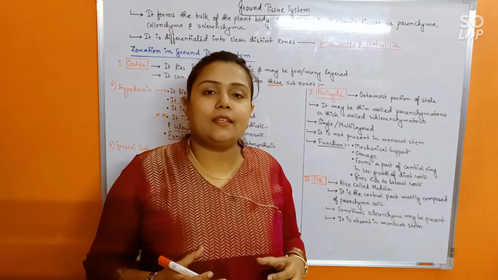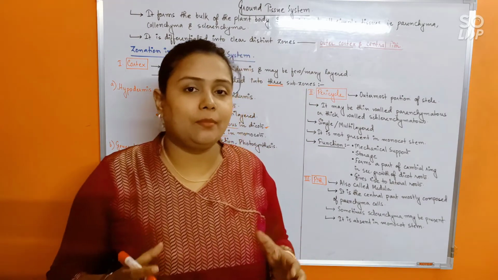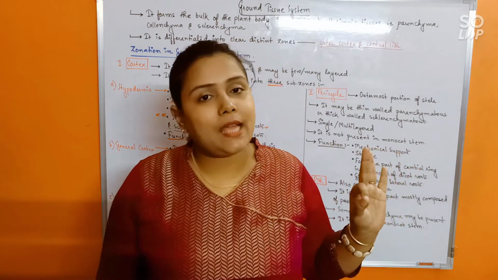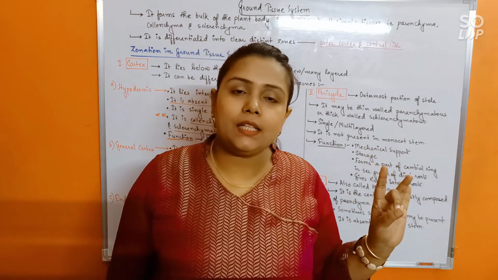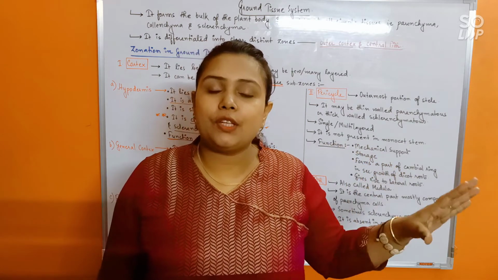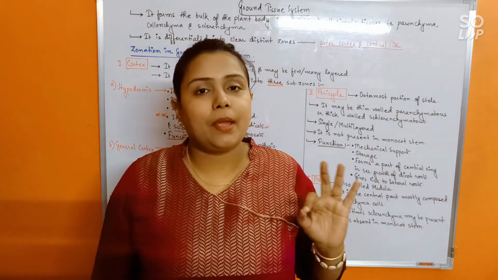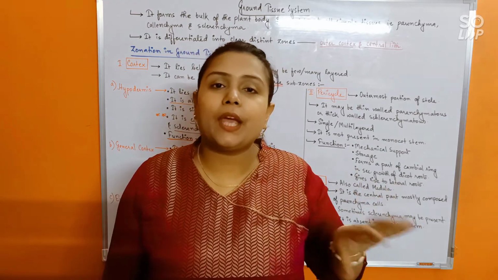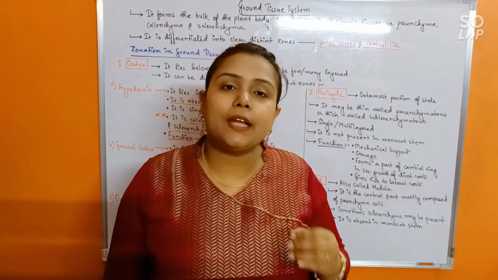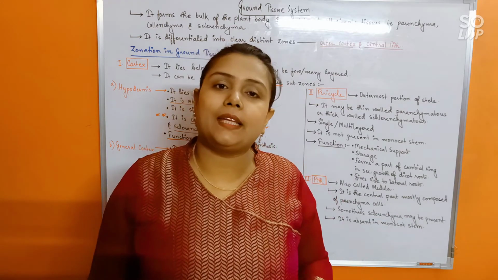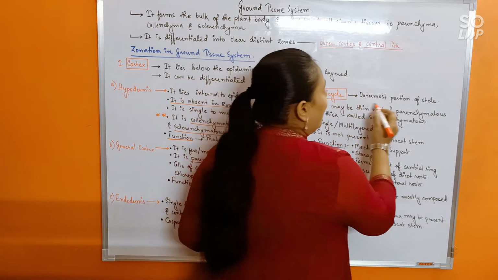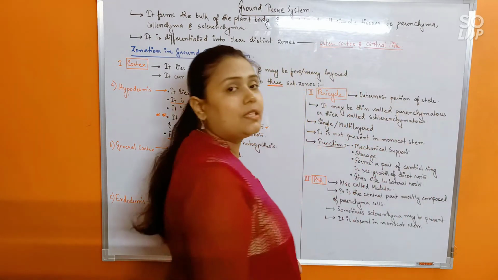Stele is the core portion of the plant body that consists of 3 layers: pericycle, vascular bundles and pith. These 3 together make up the stele. You will get to know about it in detail in the Plant Kingdom chapter. So do remember, pericycle is the outermost layer of the stele.